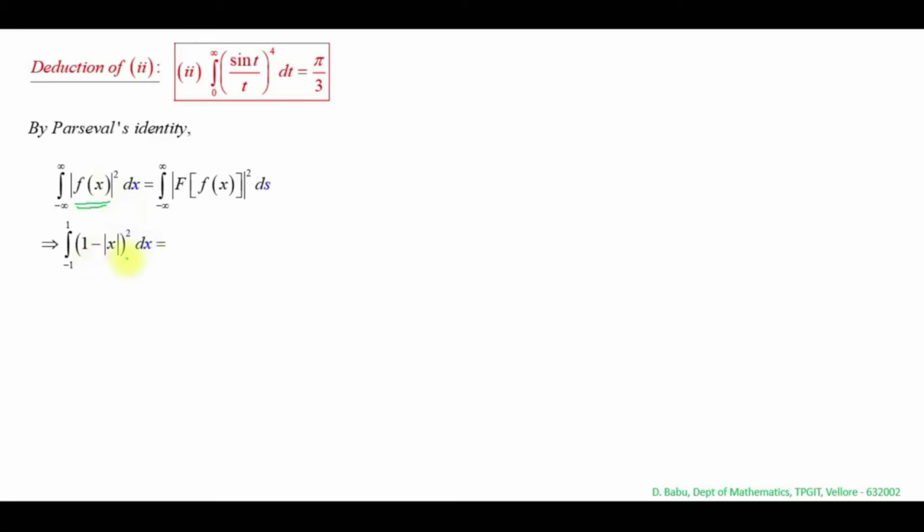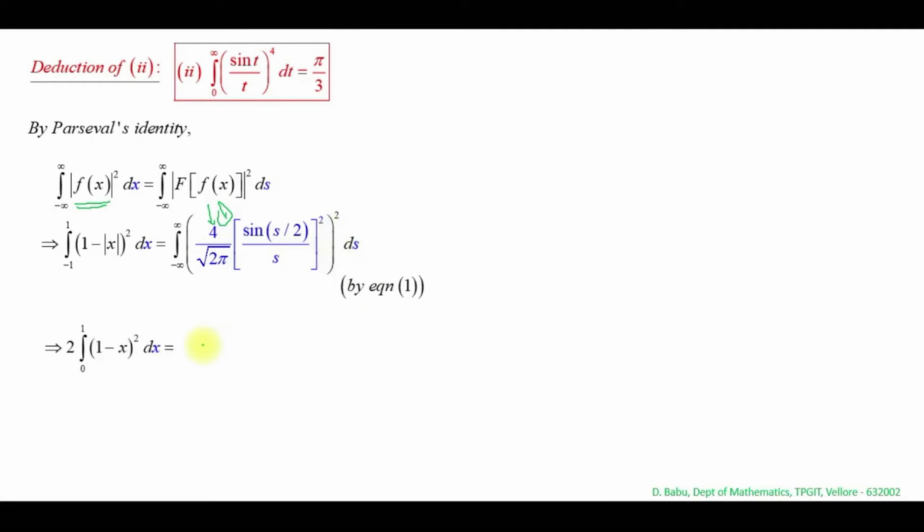So 1 minus mod x is a real function, therefore we remove modulus, which is equal to integration minus infinity to plus infinity, which is given in equation 1, 4 divided by square root of 2 pi, sin s by 2 divided by s the whole square into ds by equation 1.